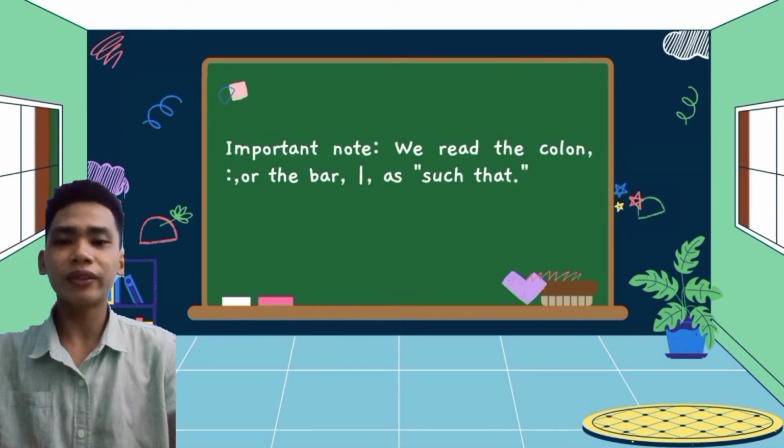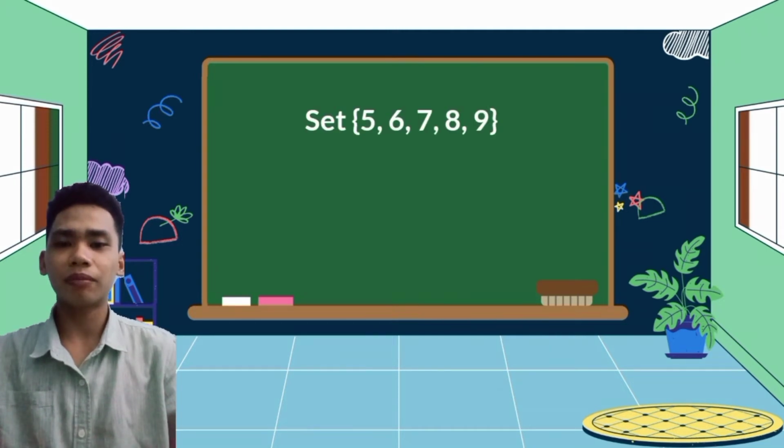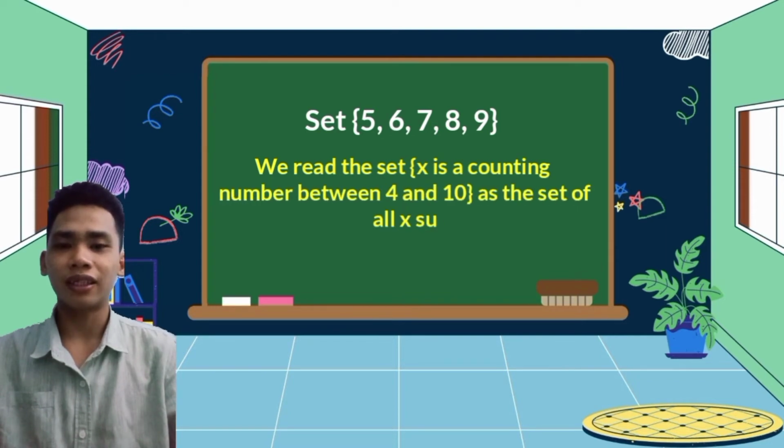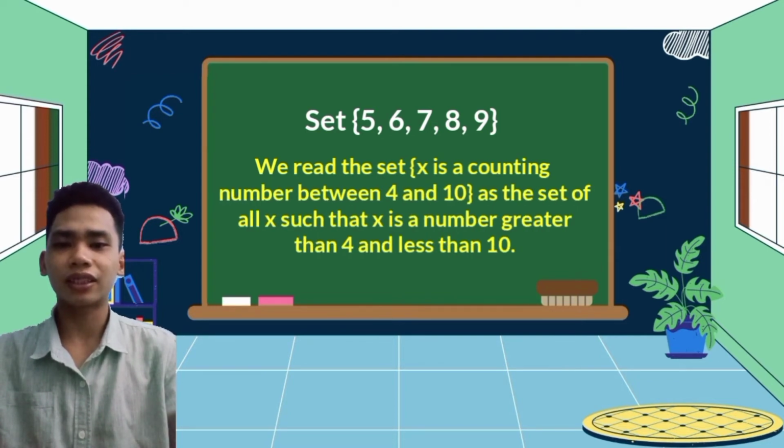Important note, we read the colon or the bar as "such that." For example, the set 5, 6, 7, 8, 9 lists the elements. We read the set x is a counting number between 4 and 10 as the set of all x such that x is a number greater than 4 and less than 10.